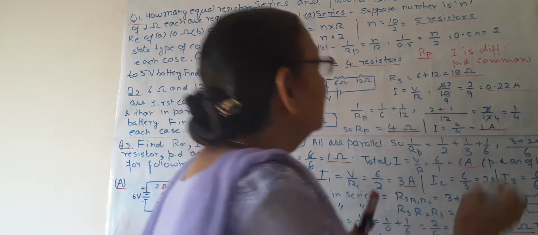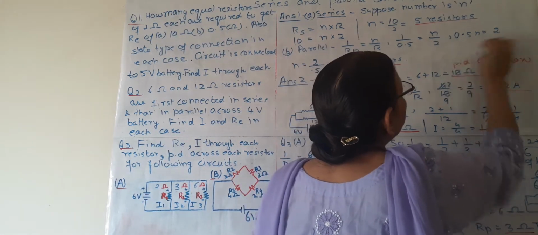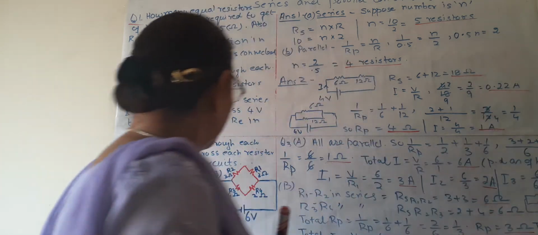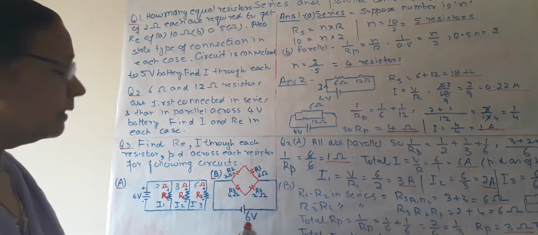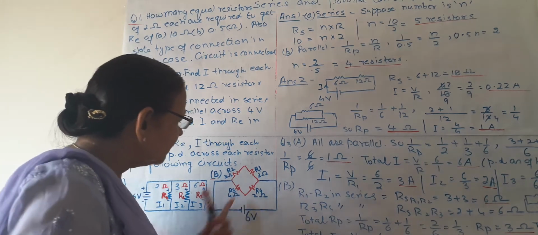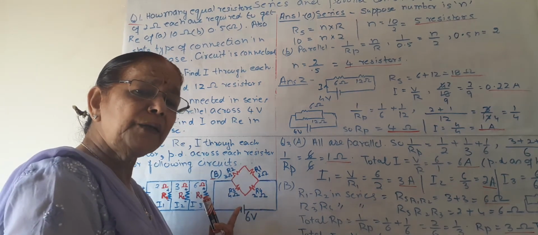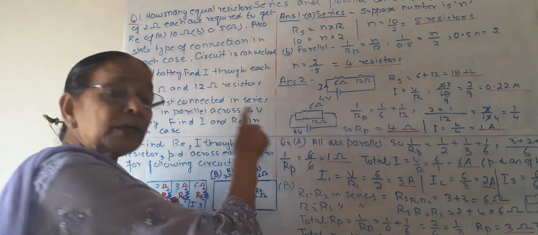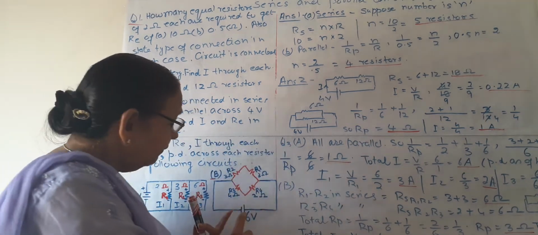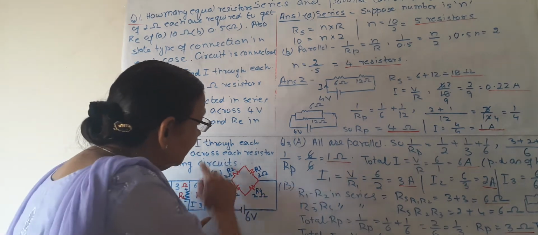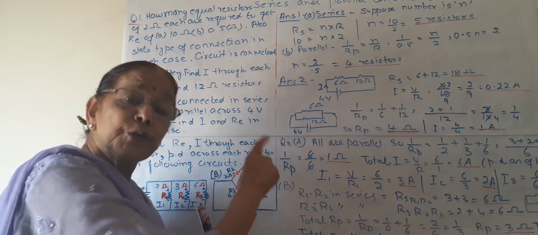Second thing, you have to remember that the voltage of the battery, suppose this is the voltage of the battery. This battery acts as a mother of the circuit and it will see all the resistors together. It will not see them one by one.